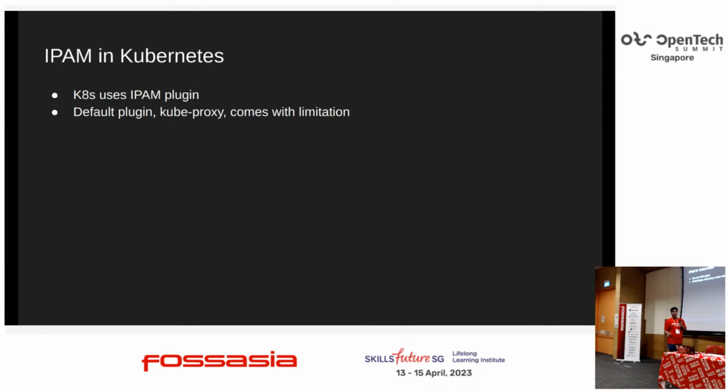Next, with respect to Kubernetes, what exactly is IPAM? Kubernetes also relies on IPAM. Since Kubernetes mostly works at the cluster level, it needs to manage thousands and millions of containers and pods, and it requires that many IP addresses as well. So there is no option for Kubernetes to skip IP address management.